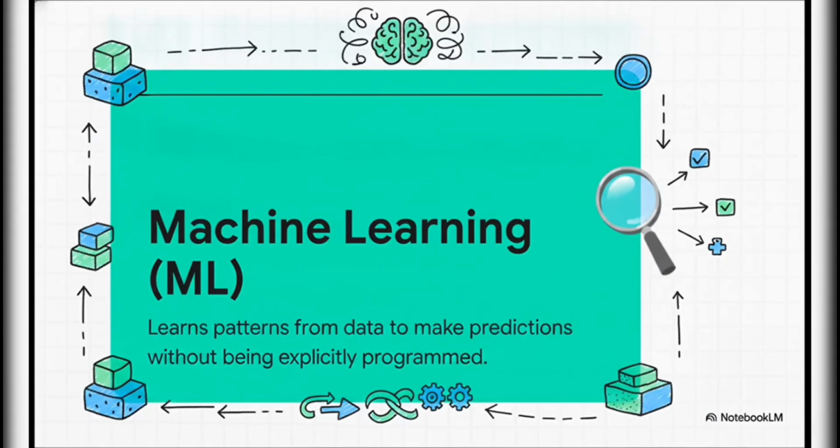When we talk about machine learning, or ML, we're really talking about a very specific branch of artificial intelligence. Basically, it's the science of enabling computers to learn patterns directly from data, which then allows them to make predictions or decisions. So the crucial point here, the thing that really changes the game, is that it operates without being explicitly programmed.